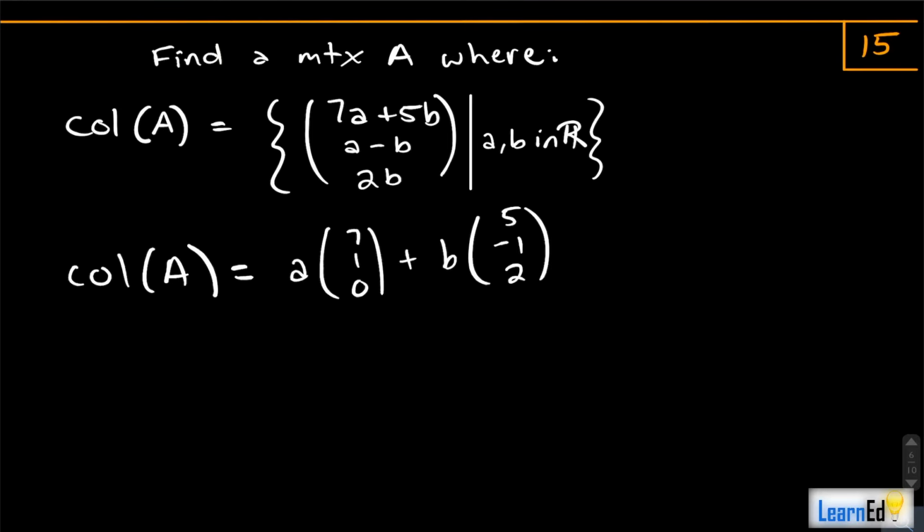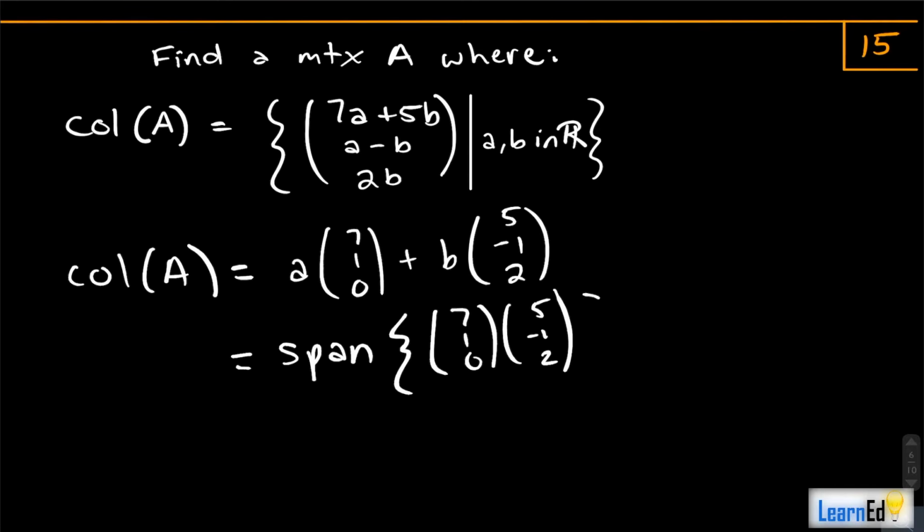This is how many times B appears in each row, and this is how many times A appears in each row. So we can now write the column space of A as the span of these two vectors.